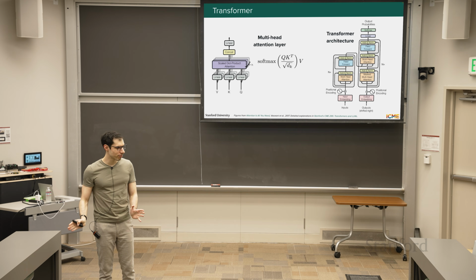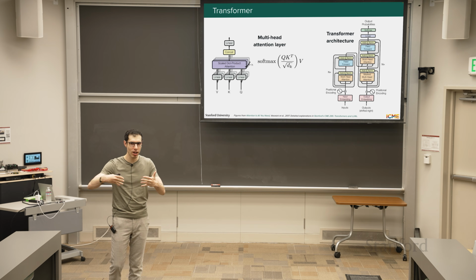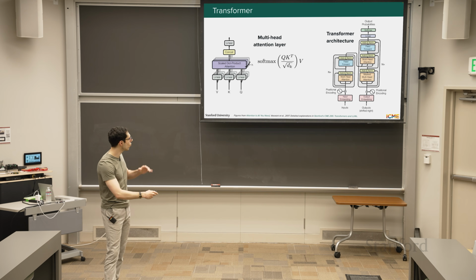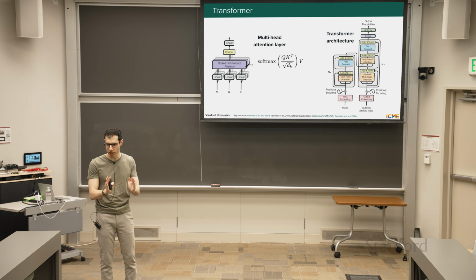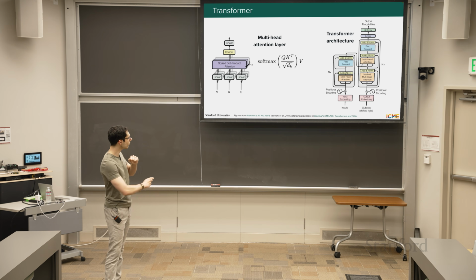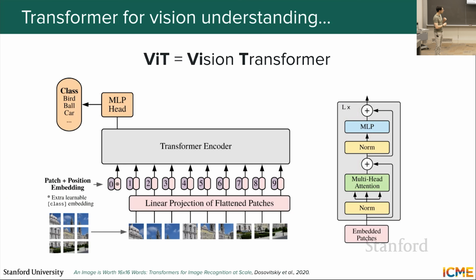So for images, we're not translating anything. We're just processing pieces of images. So we're only going to borrow the encoder part of the transformer, the left part. And that's what we saw the Vision Transformer did. It took just the encoder part of the transformer, and it took an image as an input, and it did something very special to that image as a pre-processing step.